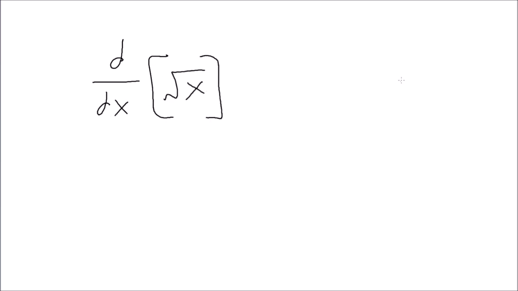The next derivative is square root of x. You're going to be doing a lot of u substitutions like u equals square root of x, so many times. So it's best to memorize that the derivative of square root of x is 1 over 2 square root of x.